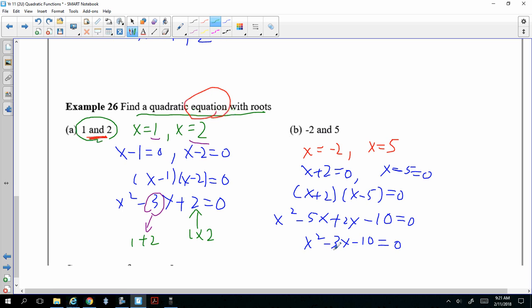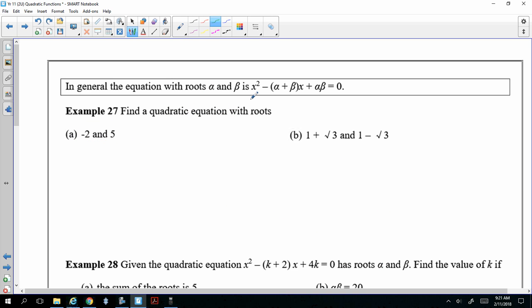Right? So we have a faster way. So going back to this question, in general, if you want to find the equation, you just use this formula. The coefficient of x is the negative of the sum, and the constant term is the product. So basically, in words, it's x squared minus sum x plus product equal to 0. Right?